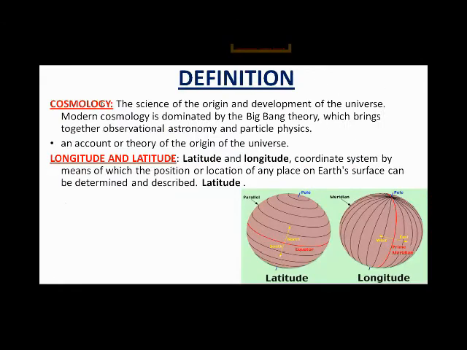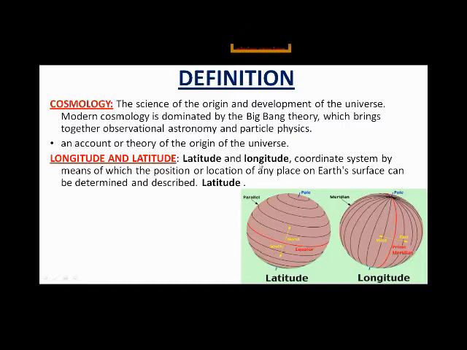Now, here we discuss something different. Previously, we discussed longitude and latitude. So, what does it mean? Here you are observing a picture on the slide: latitude and longitude, a coordinate system by means of which the position or location of any place on Earth's surface can be determined and described. What are latitude and longitude?